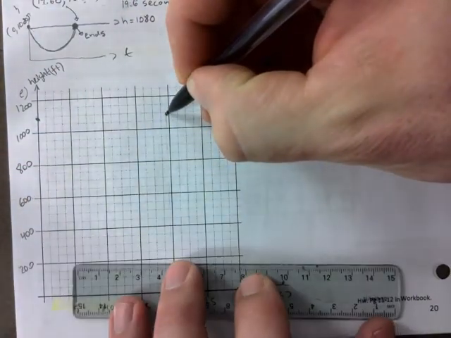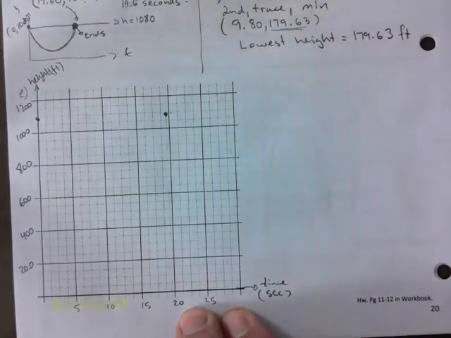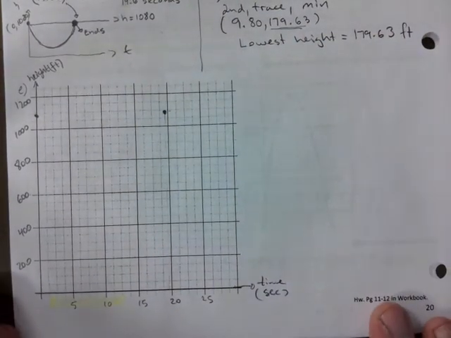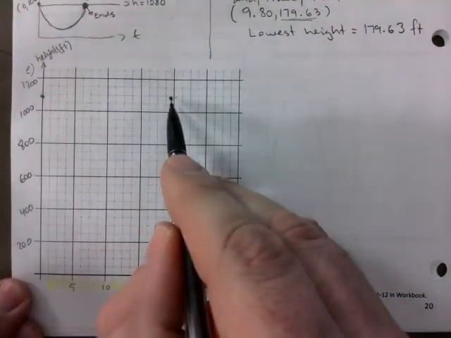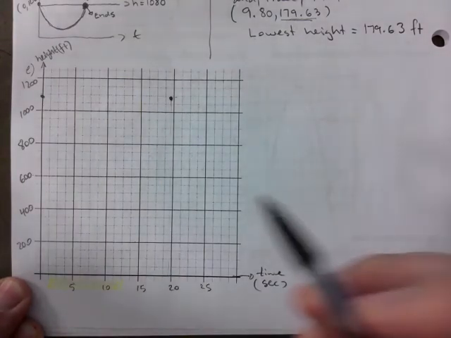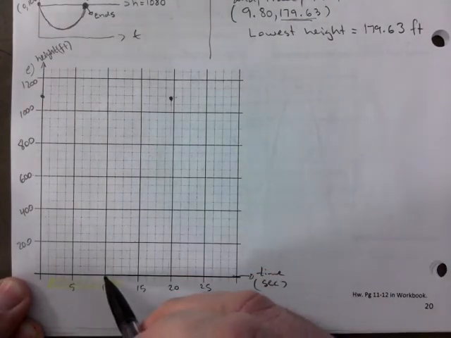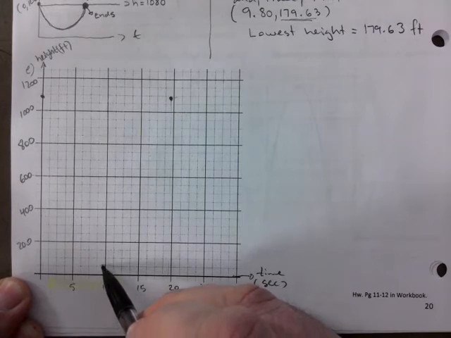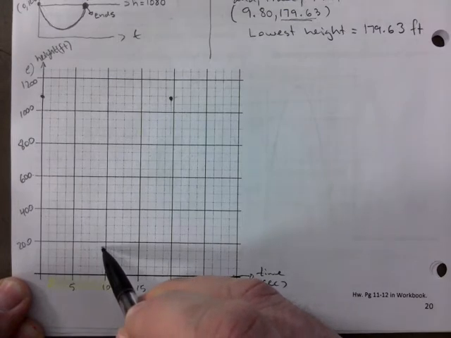That is right across from it. So that's when the stunt ends, and then my vertex is 9.8, which is very close to 10, and 170 is right about there.